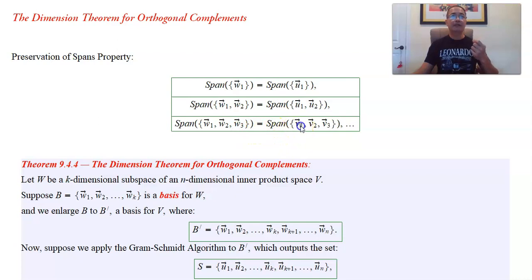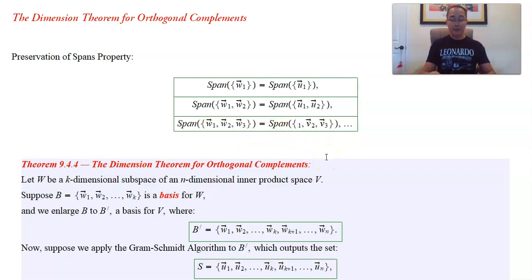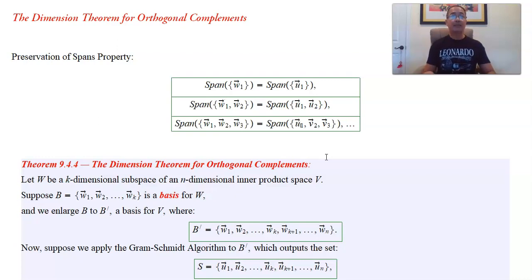Same thing for the first three vectors. The span of w1 through w3 is the same as the span of u1, u2, and u3, where those are our first three final output vectors. So keep this in mind as we state the dimension theorem for orthogonal complements.